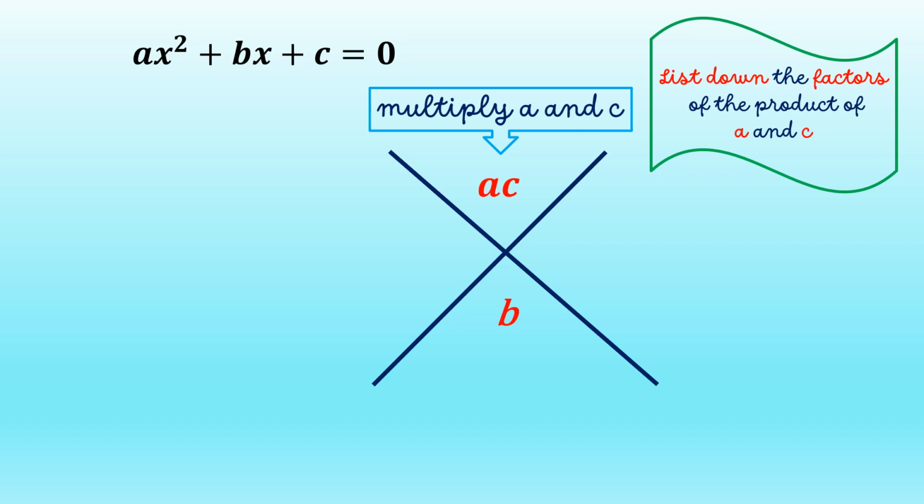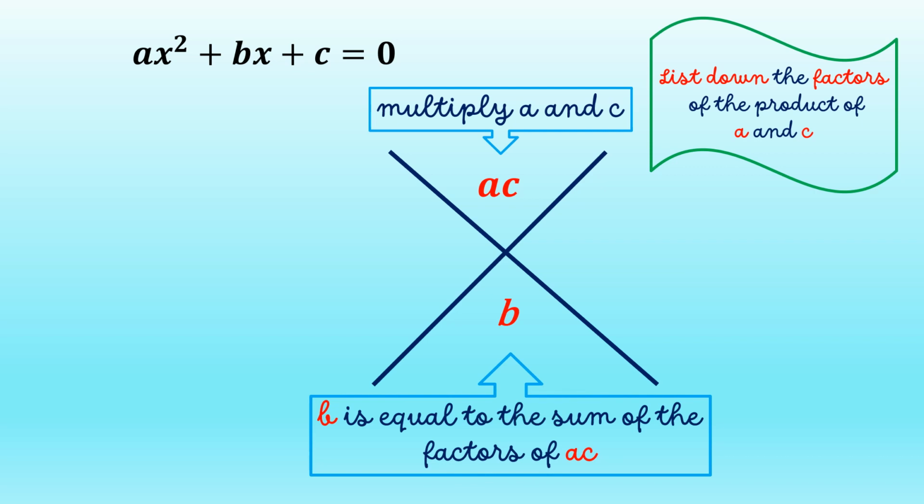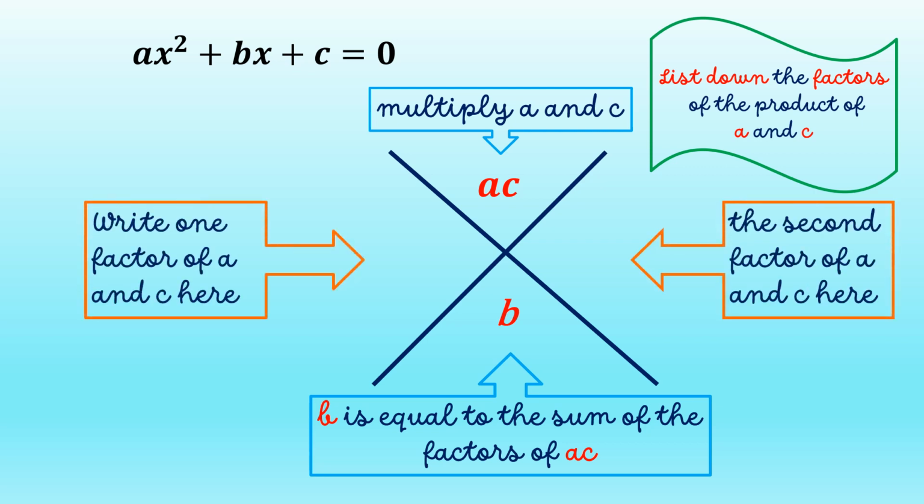Below the product of a and c, we write here the value of b. b is equal to the sum of the factors of the product of a and c. Then on the left side and right side of the X, write one factor on one side and the other factor on the other side.